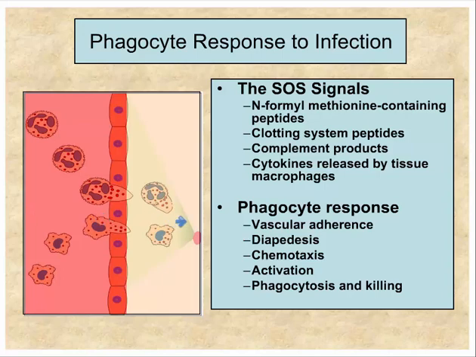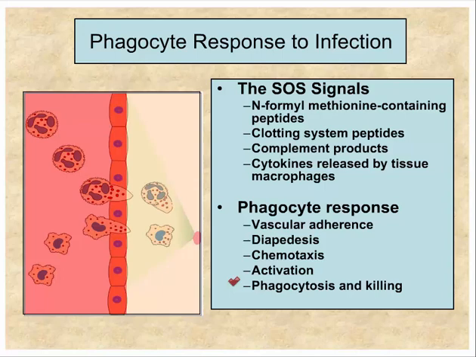And then again, many of these components also activate these cells. And when we talk about activation of the cell, what we simply mean is that the cell takes on properties where it is functionally better. So, for example, if these cells can phagocytize a particle after activation, they'll do it better.